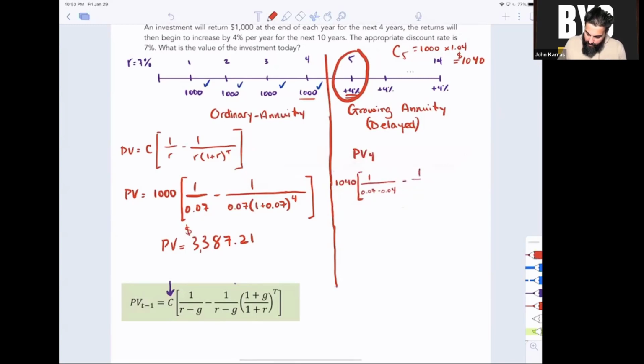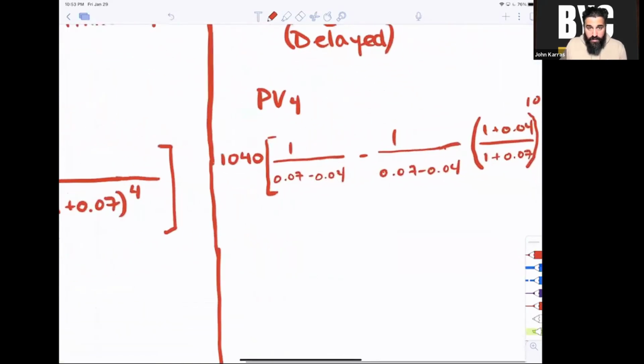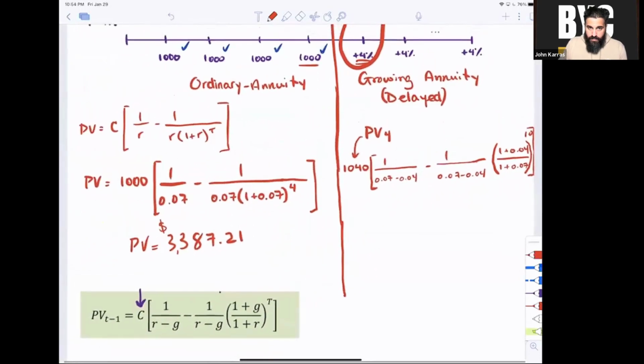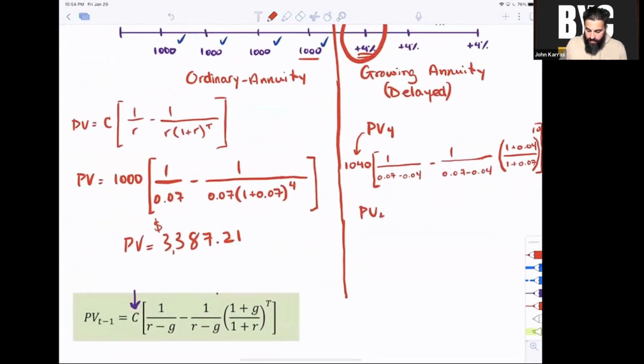Minus, again, 1 over R minus G times (1 plus G over 1 plus R) to the 10. And then close the bracket. Okay, so go ahead and punch that in for me.